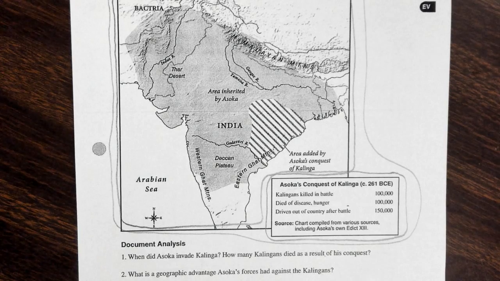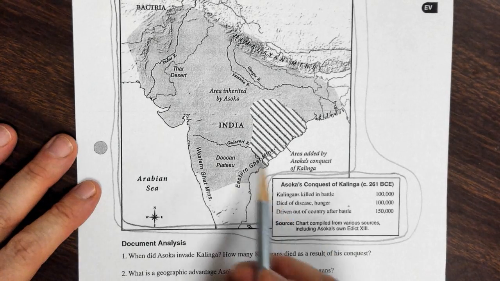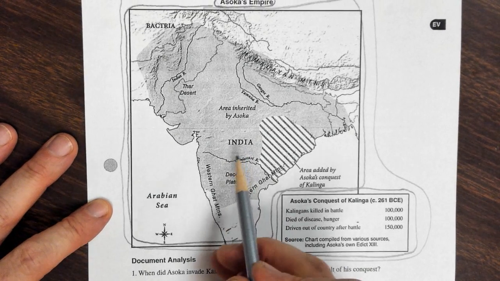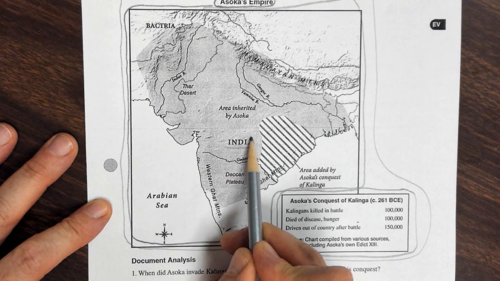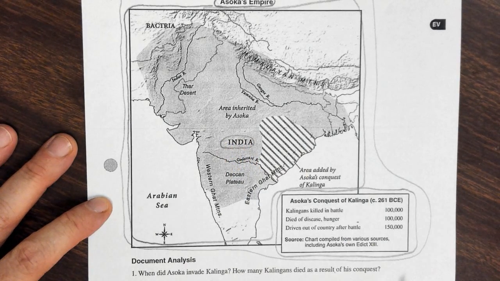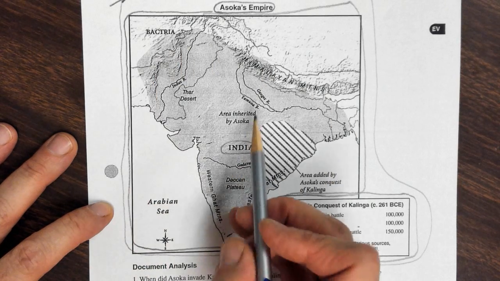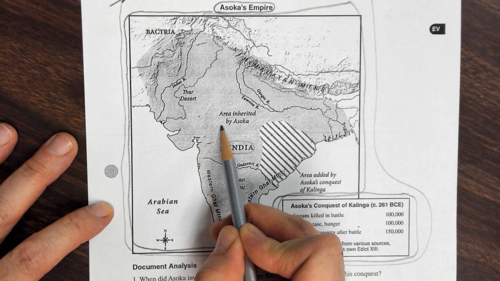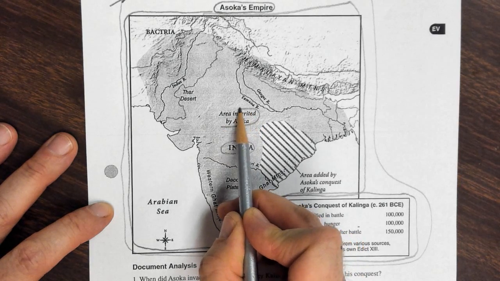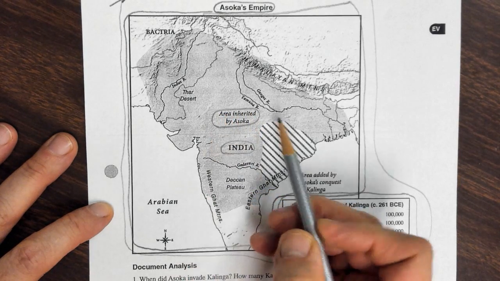Now, in the map, the name of the country is India, so let's circle India. The shaded area is the area inherited by Asoka, and let's circle that.